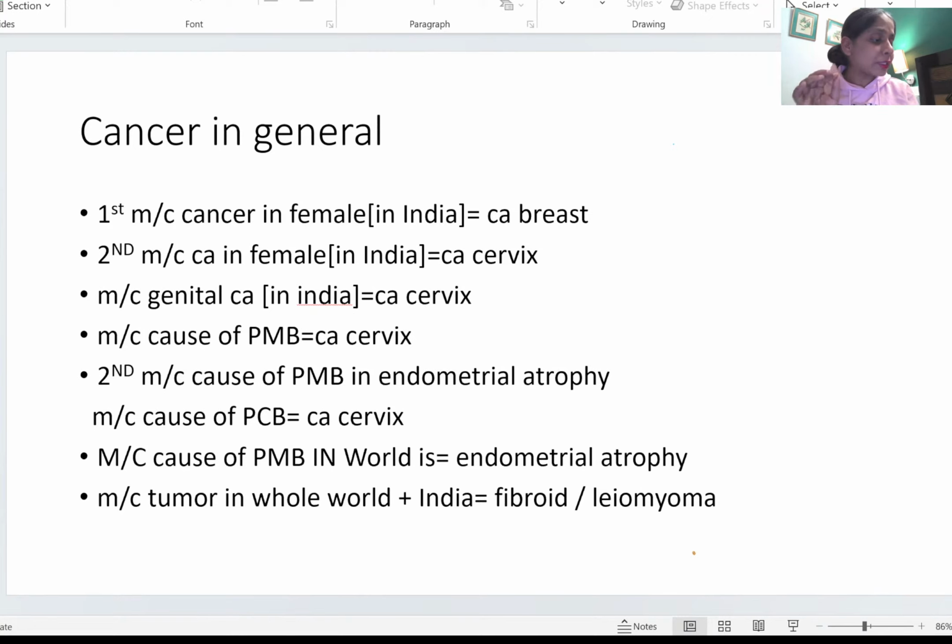The question has already been asked, it can come again. Please mark the words most common tumor. It can be benign, it can be malignant. Most common tumor is fibroid. Most common malignancy is CA breast. Most common benign tumor is fibroid. Have you got this concept?